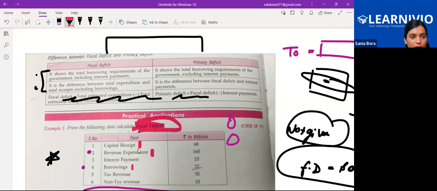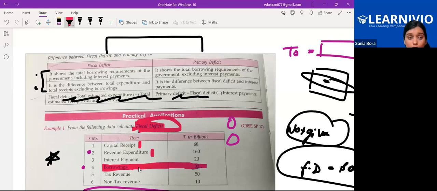In this case, you can see revenue expenditure is given, capital receipt is given, borrowings are given, but all the parts are missing, right? All the formula is not given to you. So whenever any part is missing, fiscal deficit is equal to borrowing. For example, revenue expenditure is missing, or capital receipt is missing, or revenue receipt is missing.